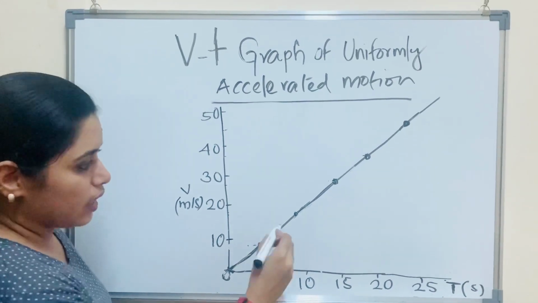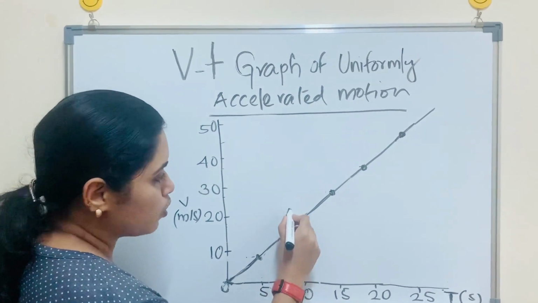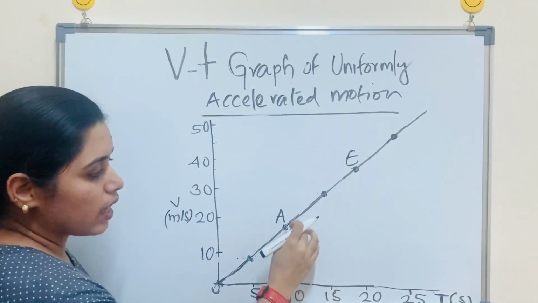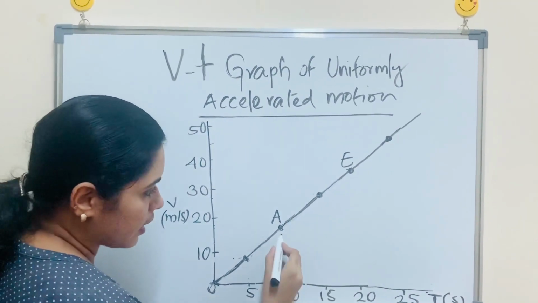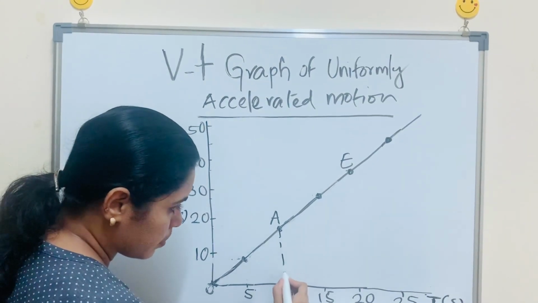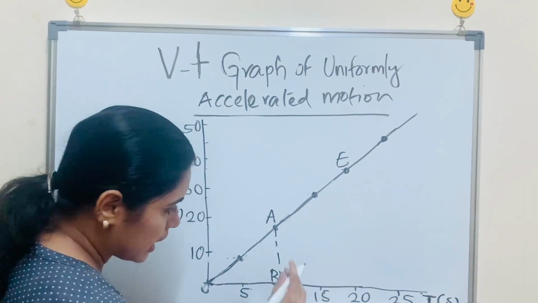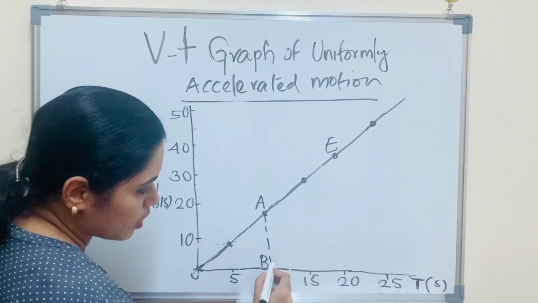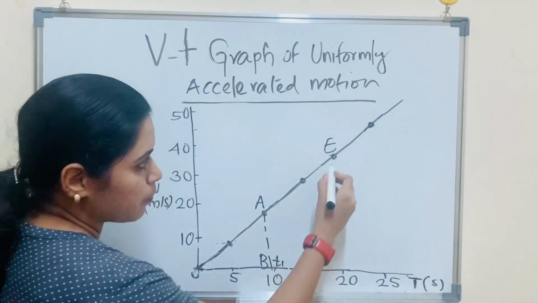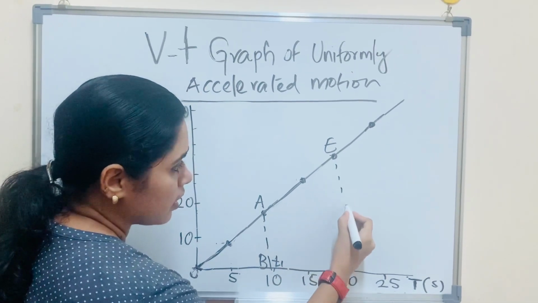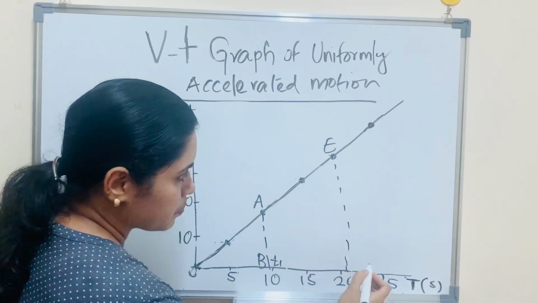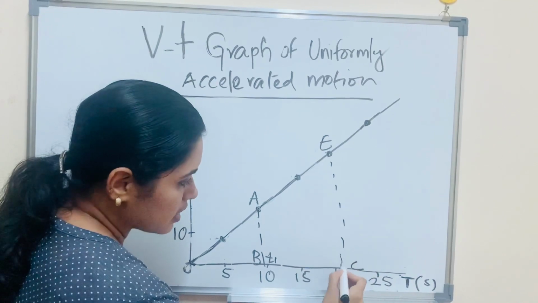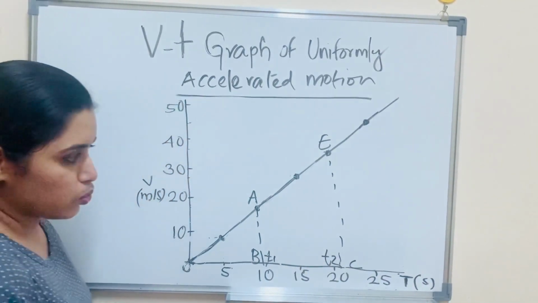Now, what we are doing is, we can mark 2 points, A and E, in this graph, and we can draw a perpendicular line. Suppose this line is AB, it will meet at a point on the x-axis. On the x-axis, we have time, so we can mark it as T1. And from this point E also, we are drawing a line, EC, and this point is T2.